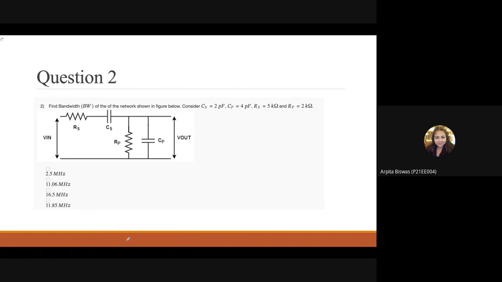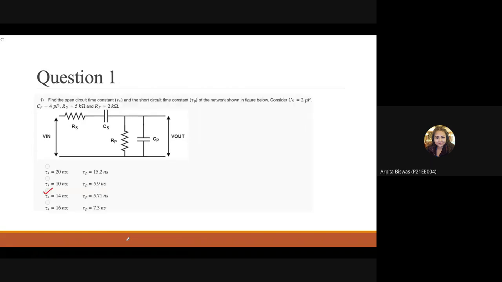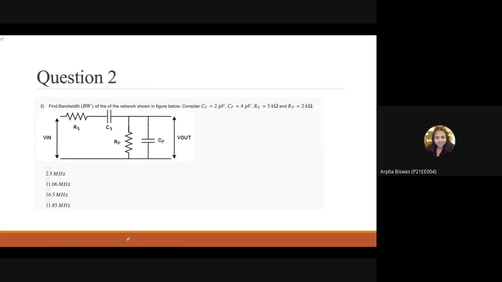For tau S and tau P, use the previous answer. Find out FL and FH where tau S is equal to 14 nanosecond, and tau P is 5.17 nanosecond. Use these parameters to find out the bandwidth.